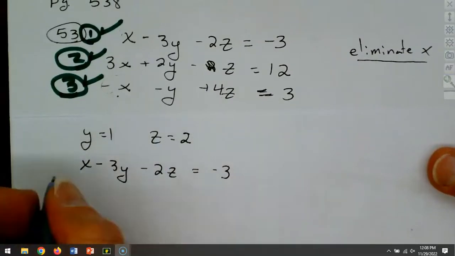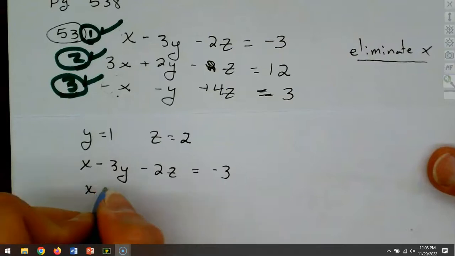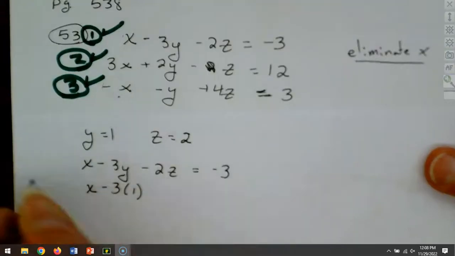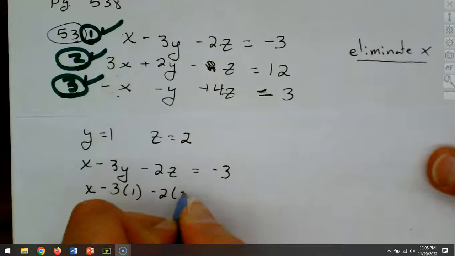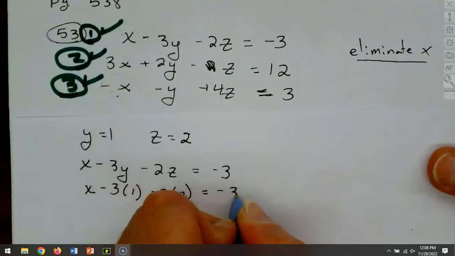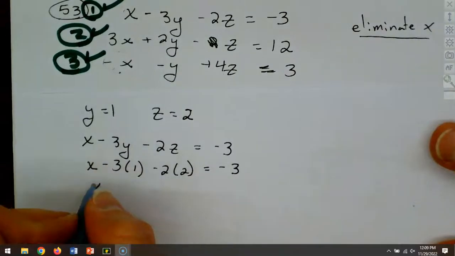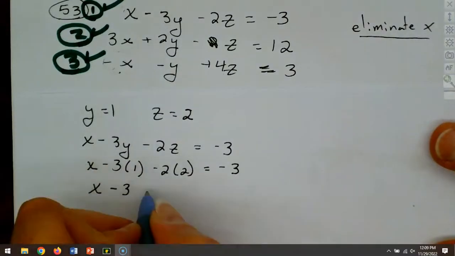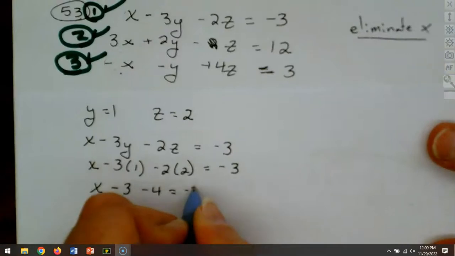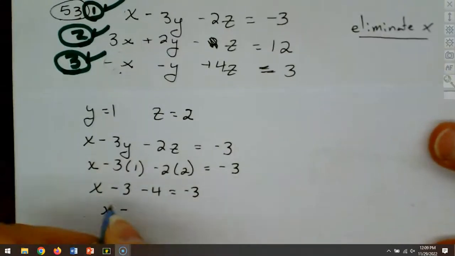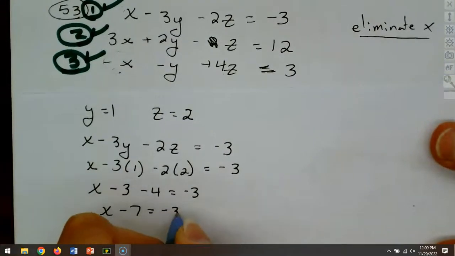We're going to plug our values in. So that's x minus 3 times 1 minus 2 times 2 equals minus 3. So that's x minus 3 minus 4 equals minus 3. So x minus 7 equals minus 3.